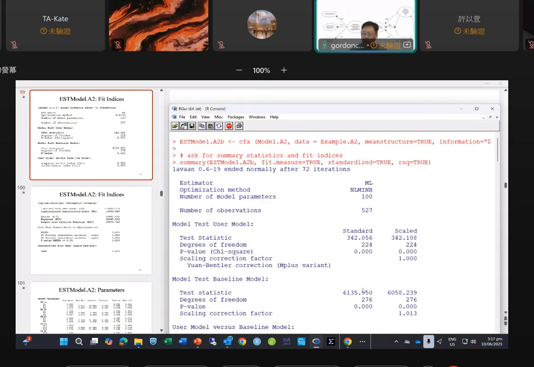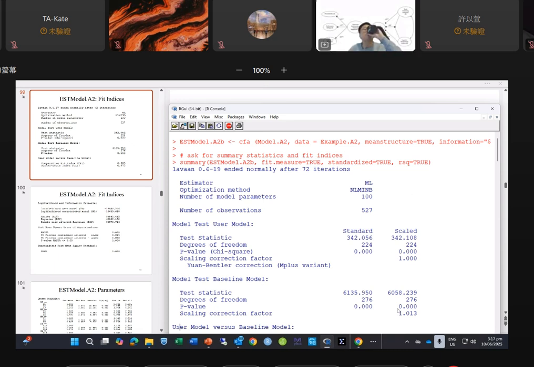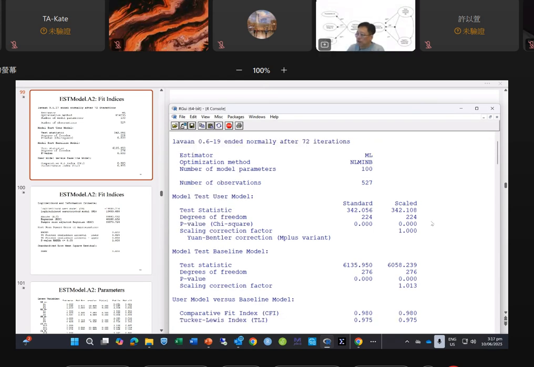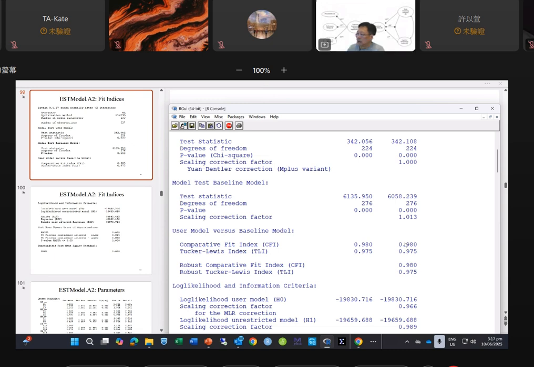The first column is based on maximum likelihood. The second column is based on MLR. The chi-squares are a little bit different. If we look at CFI, they should be a little bit different, but probably when I generated the data, I used a normal distribution, okay? So you will see two columns of CFI as well. The first column is based on maximum likelihood. The second column is based on MLR.